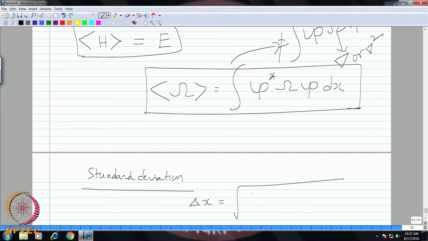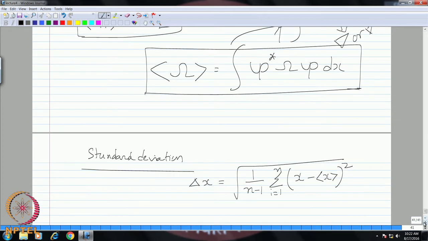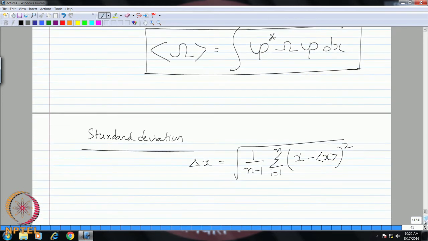We take 1 over the square root, if you have say n points, of n minus 1, with i equal to 1 to n, the difference between the actual value minus the mean value. I use this operator here to state that this is the mean value, and the square of this. So, this gives you the uncertainty in the real world.